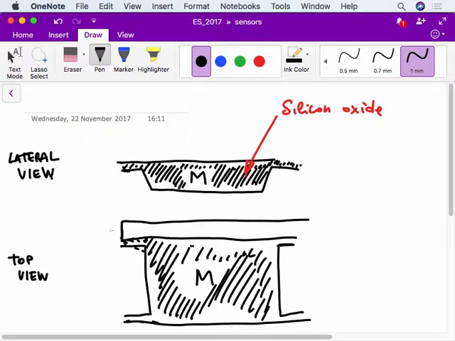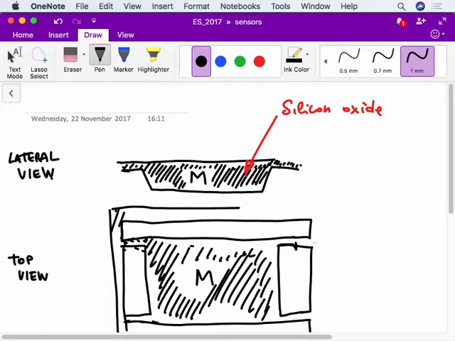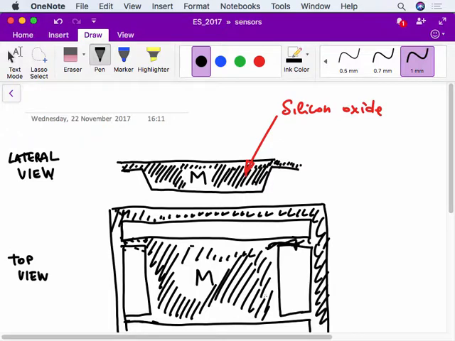And this is the case. And also the case is silicon oxide. So you see, the membrane is thicker because you need to have some mass. So this membrane can oscillate in this direction and in this direction.